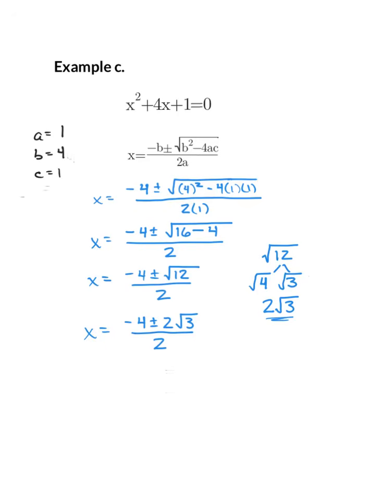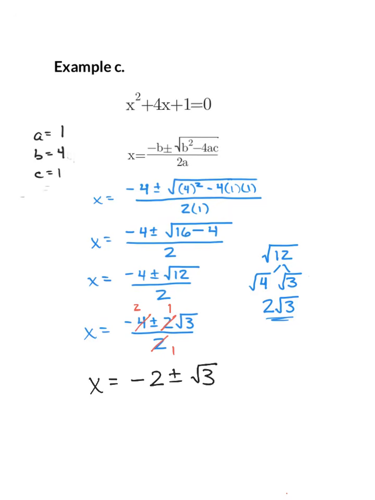This we can go ahead and simplify. Again, you can either factor out a 2 from the top, or we can cancel a 2 from each term. 4 divided by 2 is 2. 2 divided by 2 is 1. And 2 divided by 2, it's still 1. So our final answer, we end up with x equals minus, don't forget your negative, 2 plus or minus 1 square root of 3, or just square root of 3.